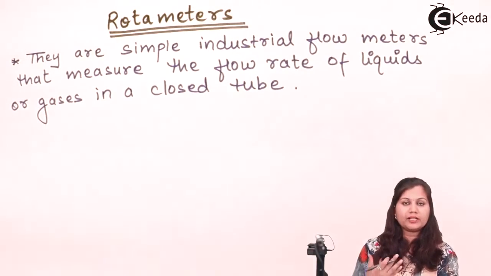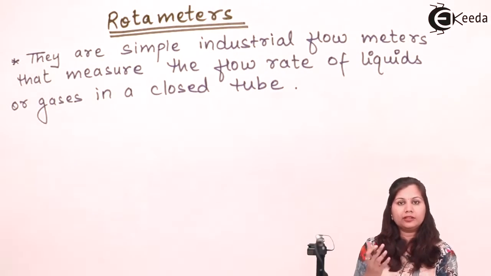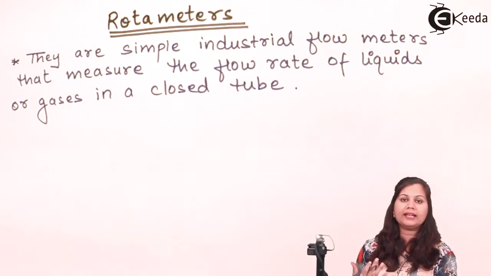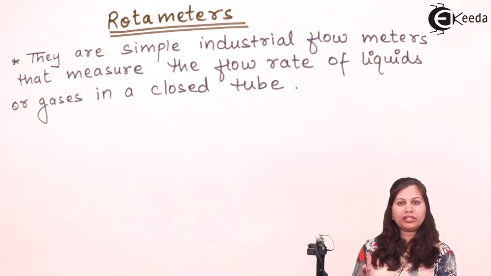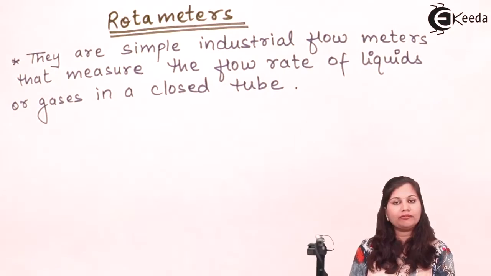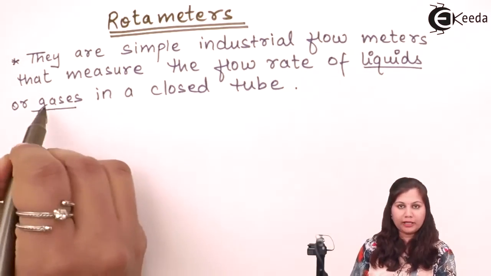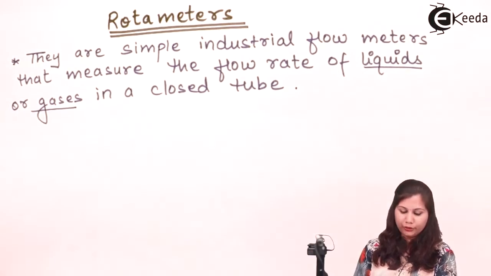If a liquid is flowing in a pipe, then the rotameters are used for the measurement of the flow rate of the liquids, and if gases are flowing in the pipe, then it is used for the measurement of flow rate of gases also. So for both liquids and gases flow rate measurement, the rotameters are used.